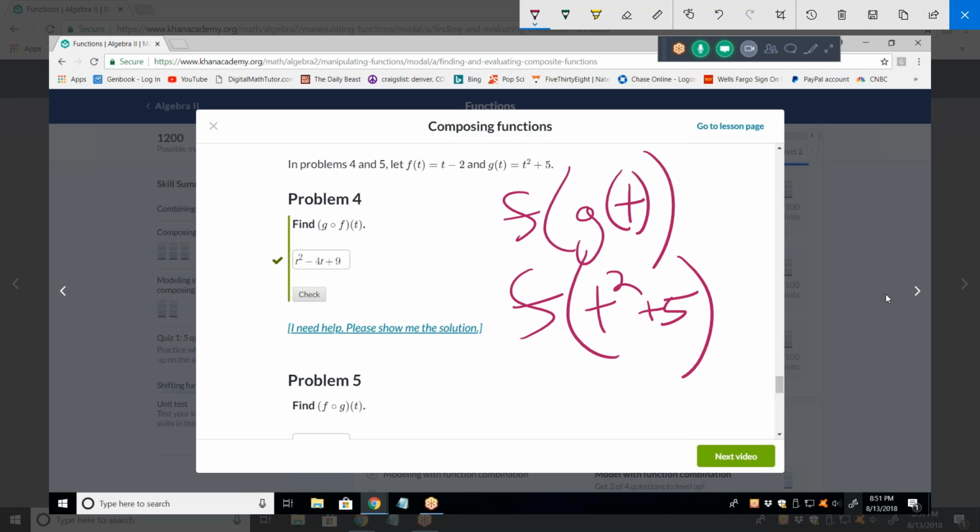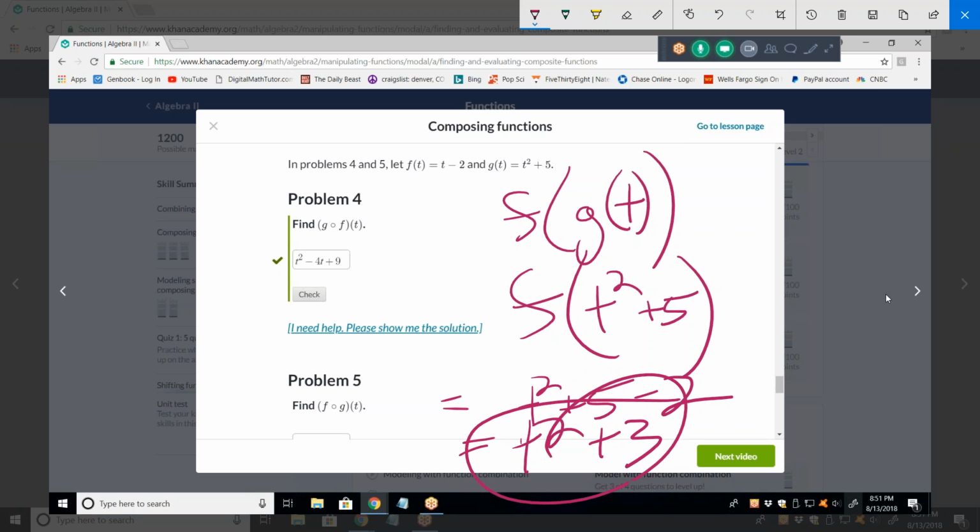In other words, we're plugging into the function. What is f of t squared plus 5? That would be t squared plus 5 minus 2. There you go. So that function is t squared plus 3. That's going to be the answer.